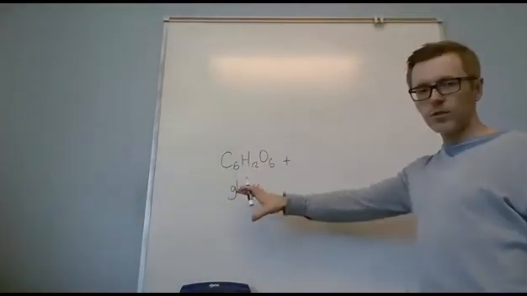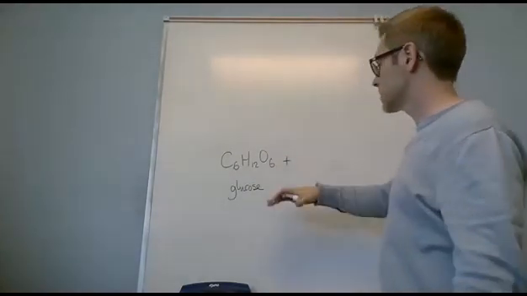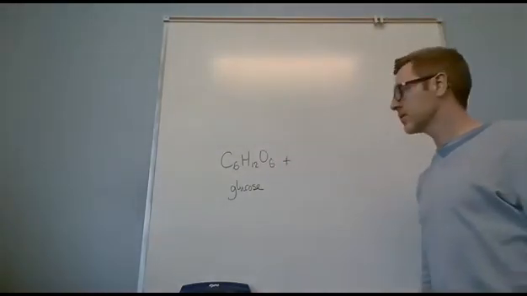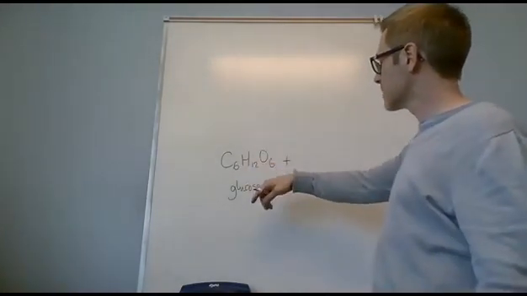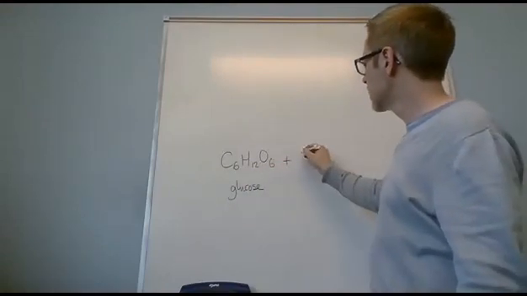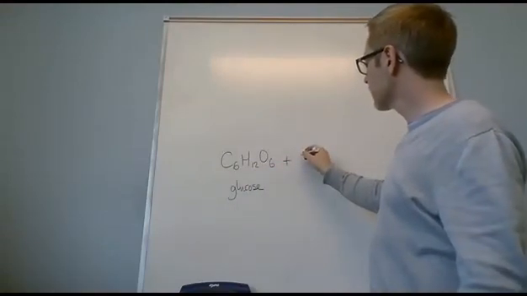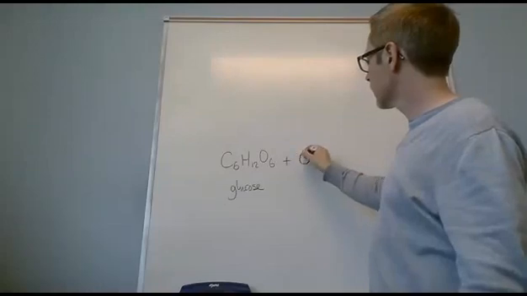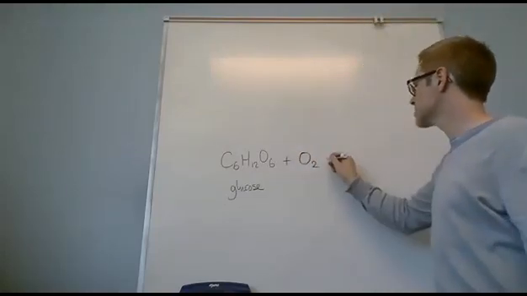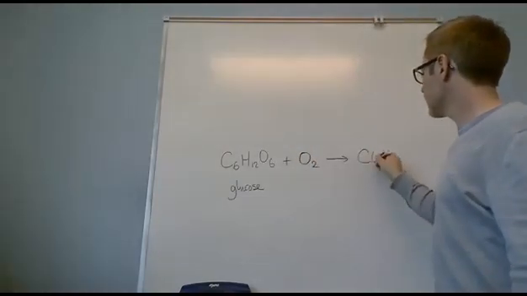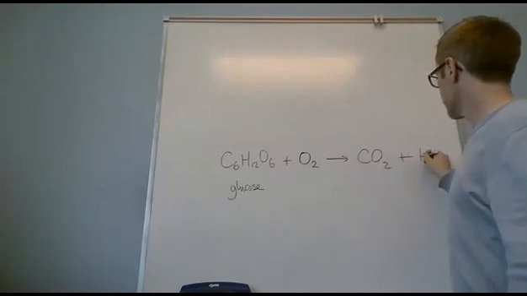So we have food. So actually, this is cellular respiration, not photosynthesis. Cellular respiration, we have glucose. Well, we need to breathe some oxygen, and then we have our exhaust gases.